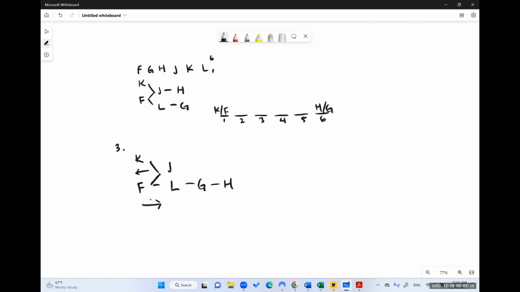Then I would go from F to L, which is right to left. So immediately there's a change in relationship on my way to H, which means that I do not know the relationship there. So I need to make it abundantly clear that J does in fact go before H. So I am going to connect that line.